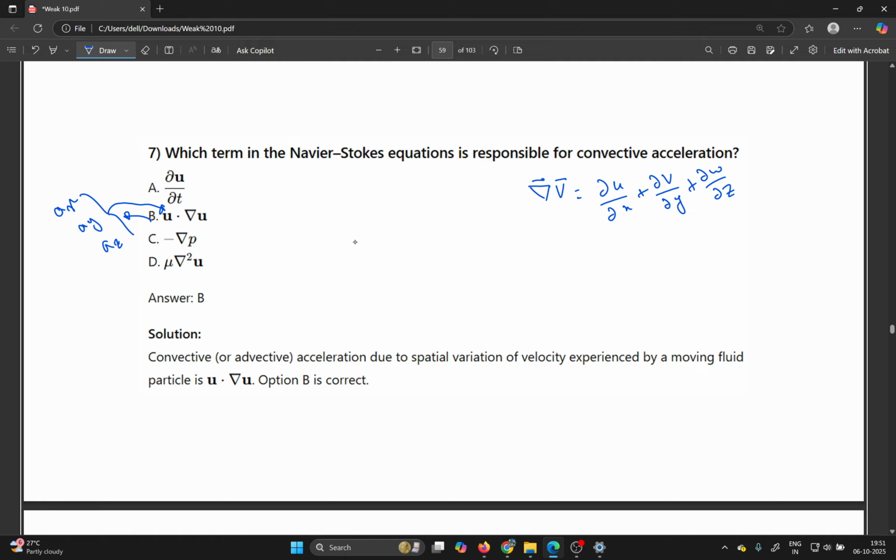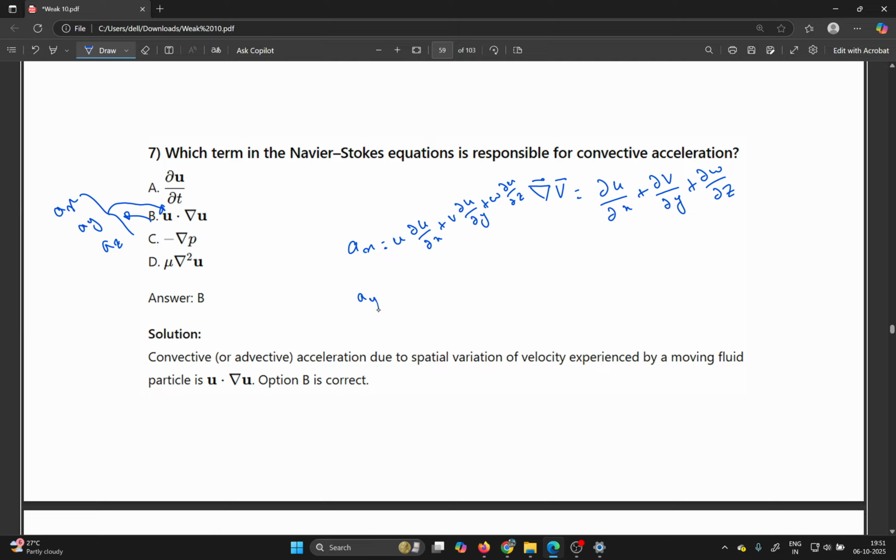Let me explain here, very easy. I am going to write only the convective acceleration, not local acceleration. So ax is u del u by del x plus v del u by del y plus w del u by del z.